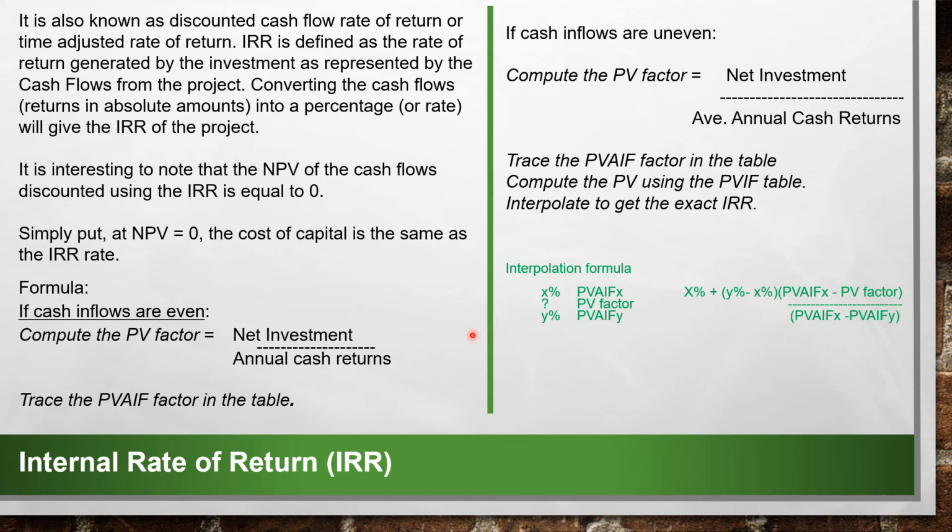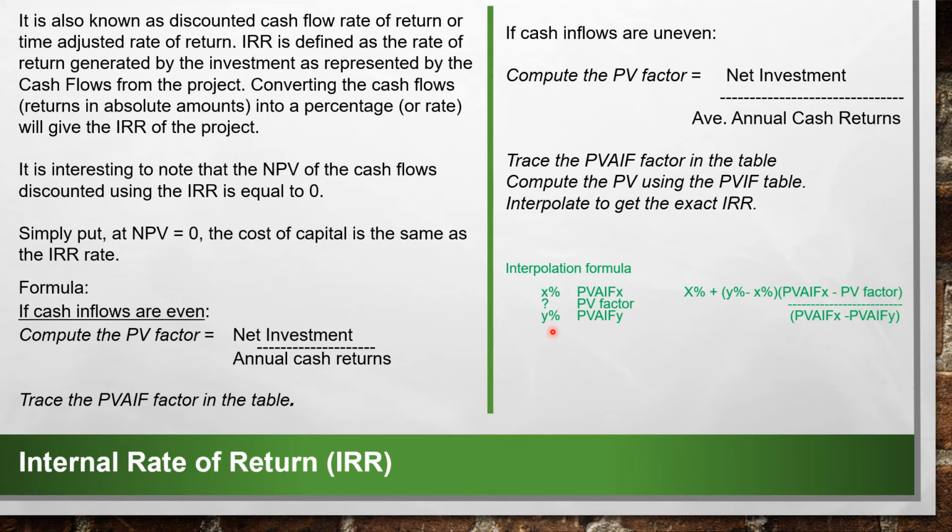So we have here the interpolation formula. I know that you are already familiar with this one. For the denominator, this is simply the difference between this x and y. And then for the numerator, you can use from the top, from the x to the present value factor that you have derived here, or you can start with the bottom, so it's either way. And then multiply by the difference here in the rate.